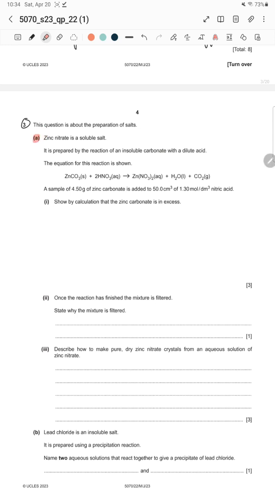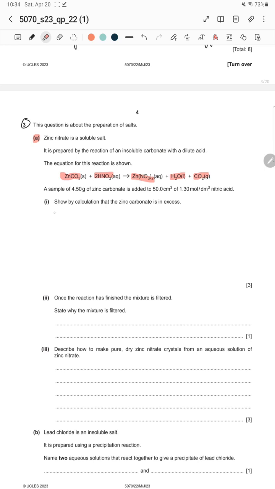Now part A, here the overall reaction is explained, and what is the reaction? Zinc nitrate, which is a soluble salt, and you are asked to prepare this soluble salt, and you are given with the equation. Zinc carbonate is reacted with nitric acid to produce zinc nitrate, water and carbon dioxide.